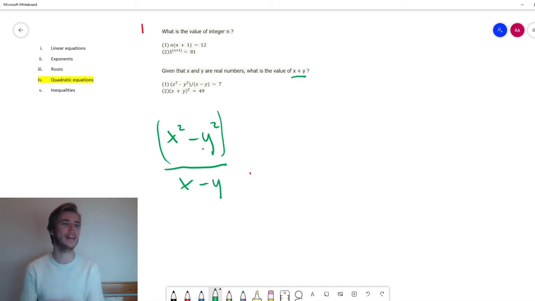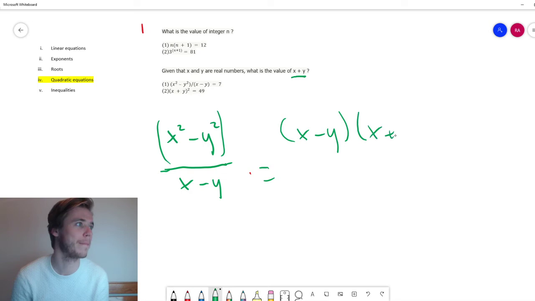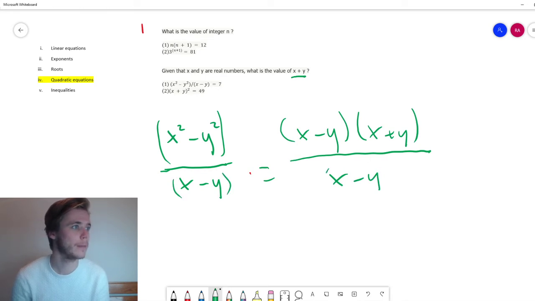Maybe you recognize this from week 5, a special quadratic equation, so you should know what it is. Hopefully you remember that this is x minus y and x plus y. This is a special quadratic equation, and you write it out like this, divided by x minus y, and that is 7.